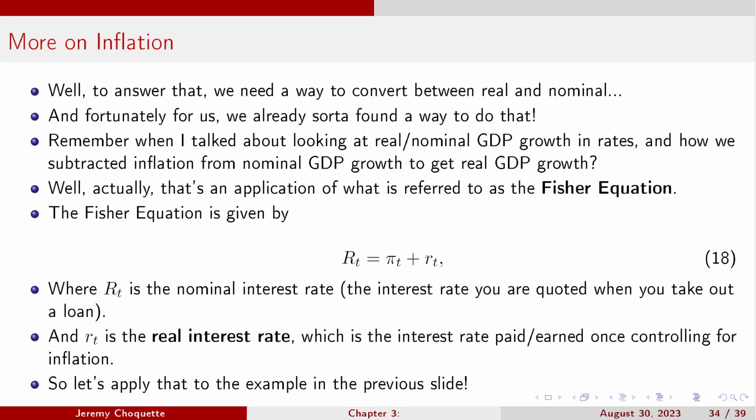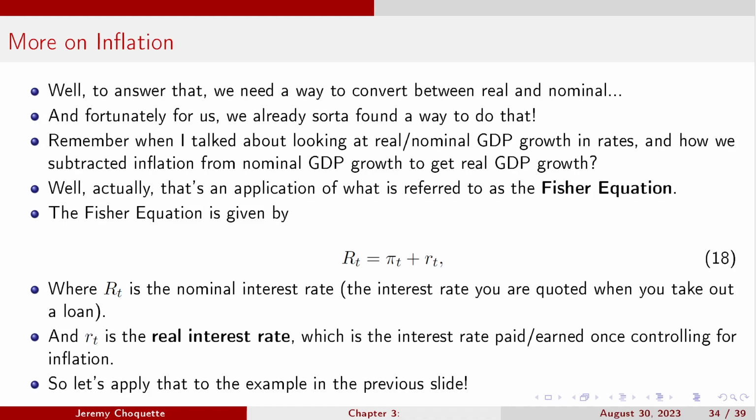How does this work? Well, to do this, we need to find a way to convert between real and nominal variables. Fortunately for us, we already have that. Remember when I talked about looking at real and nominal GDP growth rates and how we subtracted inflation from nominal GDP growth to get real GDP growth? Well, it's an application of what is referred to as the Fisher equation.